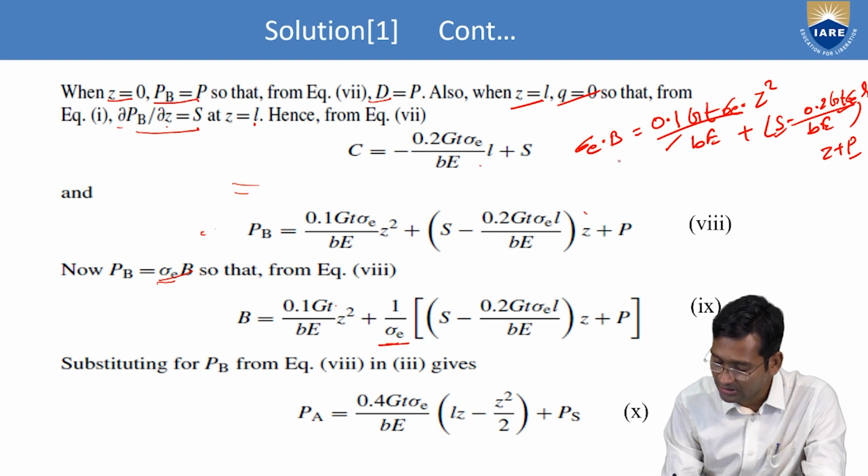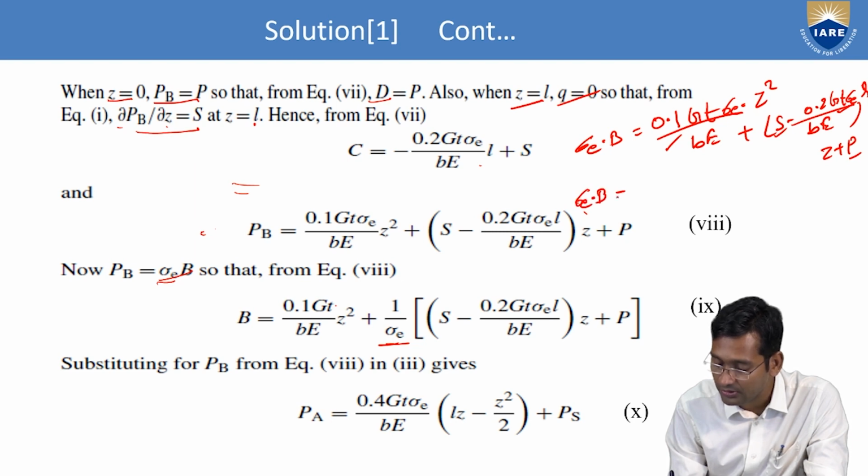So with these two, sigma E will be there. Okay. So now let's take sigma E common. After taking sigma E common, what happened? Sigma E into B is equal to 0. Sigma E I am taking common from all.